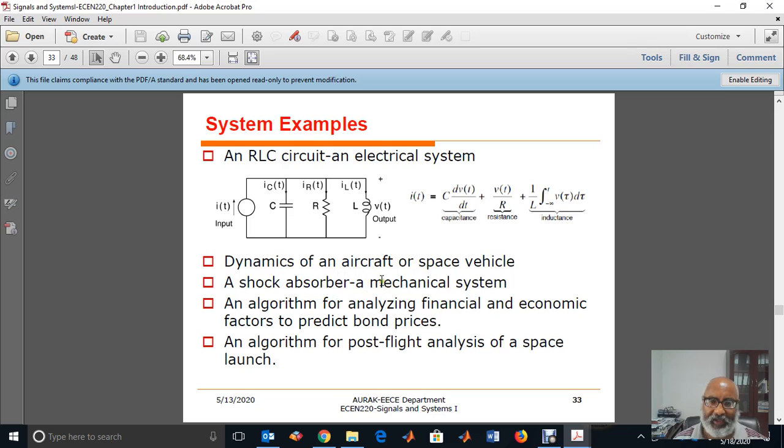We also have mechanical systems. We can also have financial systems where we predict prices. For example, future prices can be predicted from a certain financial algorithm. So we can have different kinds of systems.